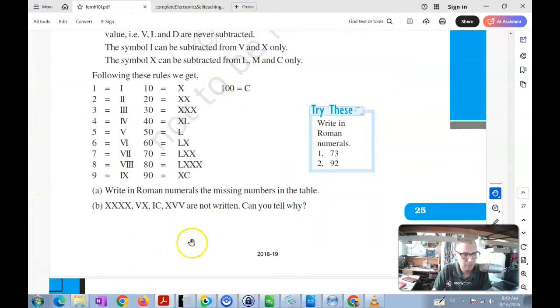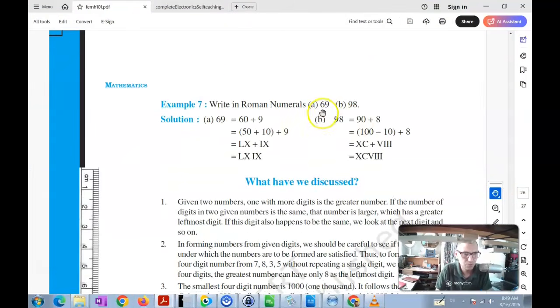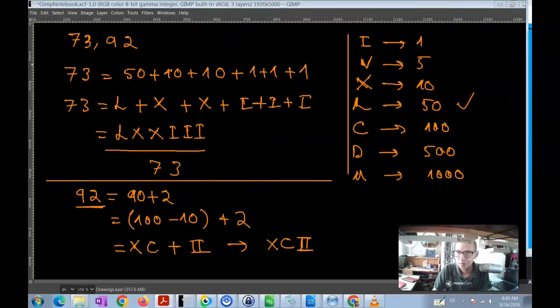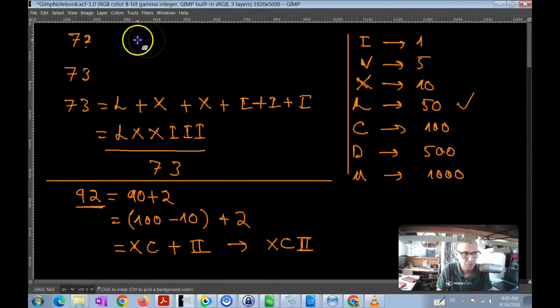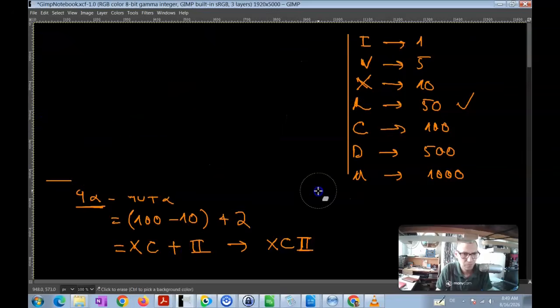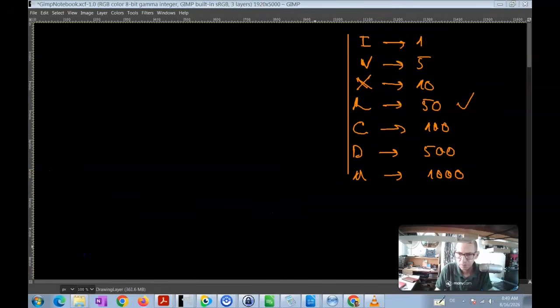Essentially the last thing that we have over here is that you want to write the numerals 69 and 98 in Roman numerals. Let's do these two as well. So I have the number 69, and for 69 you can go for a 50 and a 10, if I'm not mistaken.